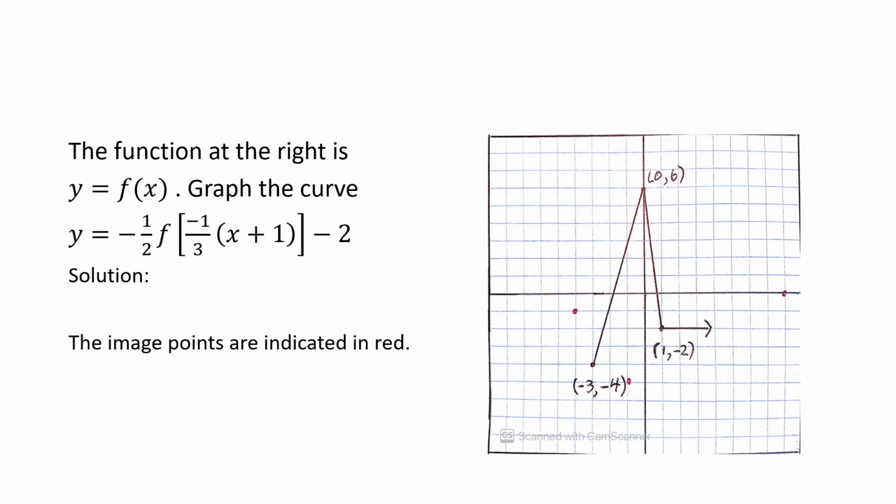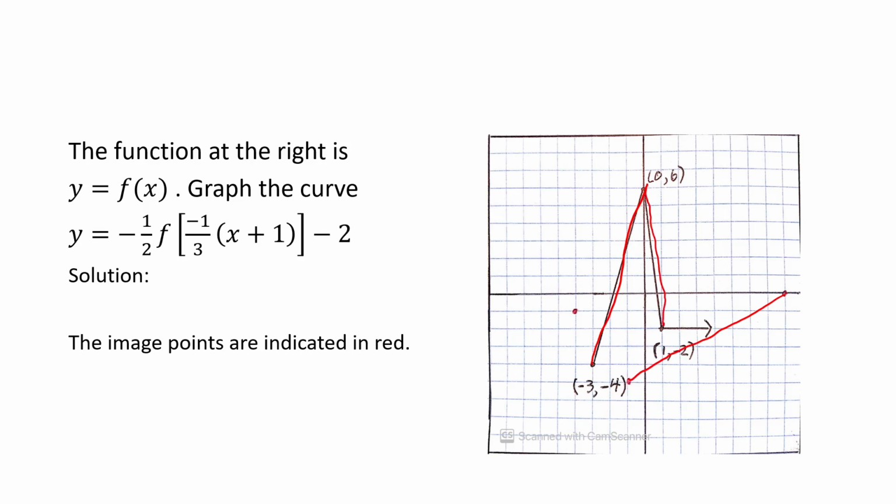So we're going to plot those 3 points in red. Then we're going to draw the best curve that we can. Since we draw a straight line from (-3, -4) to (0, 6), we're going to draw a straight line from the image of (-3, -4) to the image of (0, 6). Then we're going to connect that with a straight line.